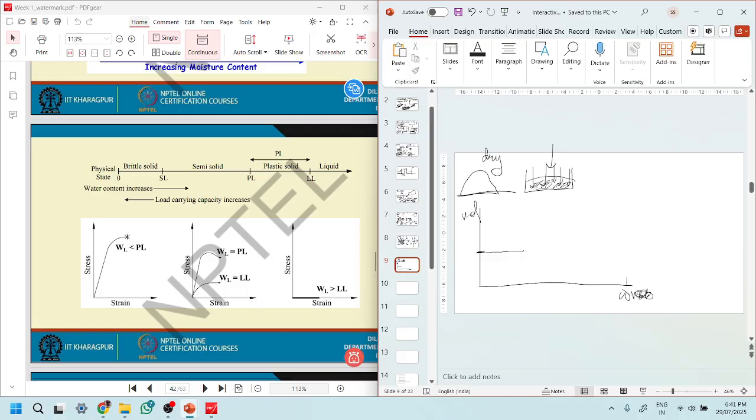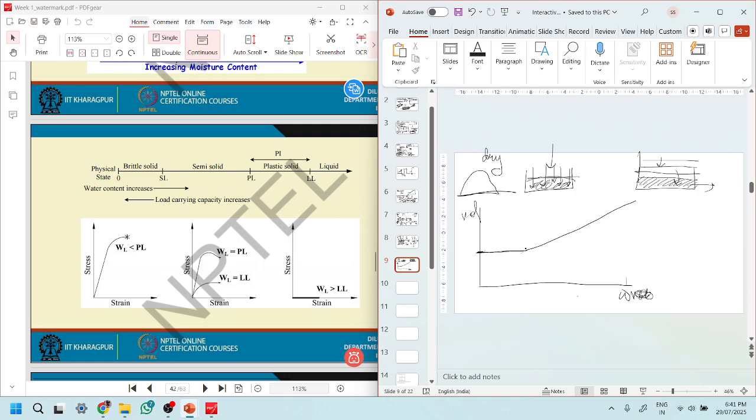There will be no volume change up till saturation. Now that each and every pore of this material has been filled with water, if I put more water in it, we will have an increase in the volume. So the volume will start increasing as we add the water.